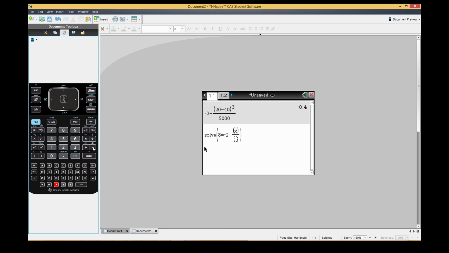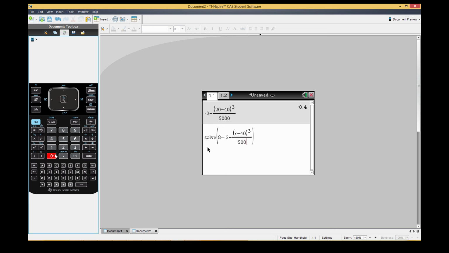We will solve for x, so this is what we have to put in there. Very sensitive calculator.